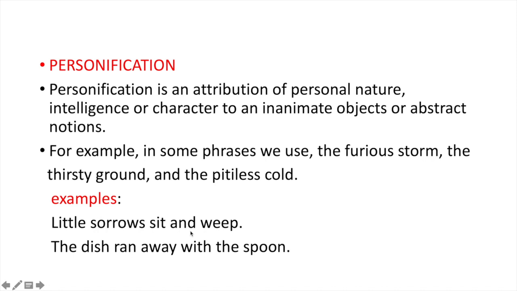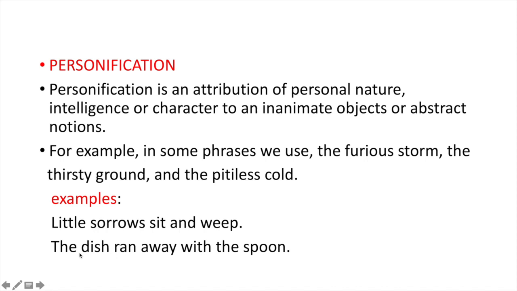In this example you can see there is one more quality which is attributed to little sorrows, and that is weeping. The qualities of sitting and weeping both belong to humans, but here they are used to describe little sorrows. The next example: the dish ran away with the spoon.